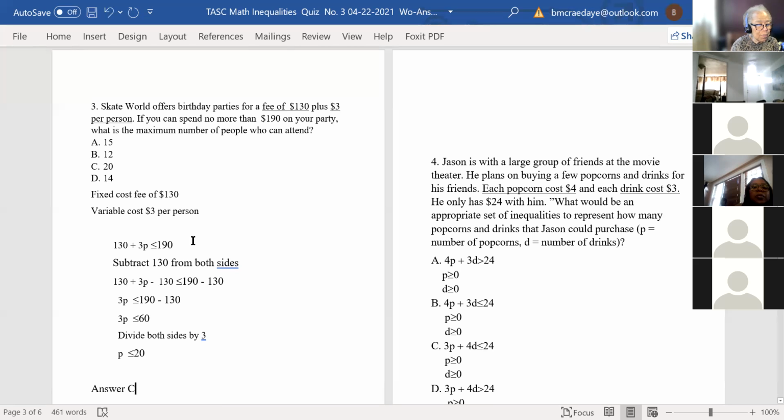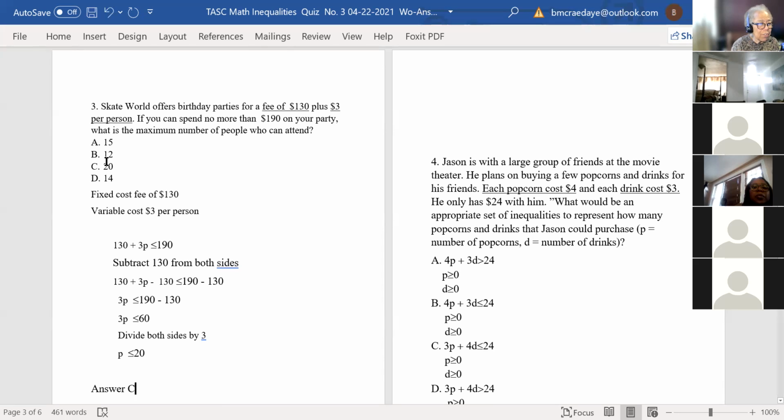I just want to make sure you understand why we wrote the inequality like this. Do you understand that? Yes, but is that an example of the party cost? Because if I look at 20 and I want to get back to 190, how do I get back?